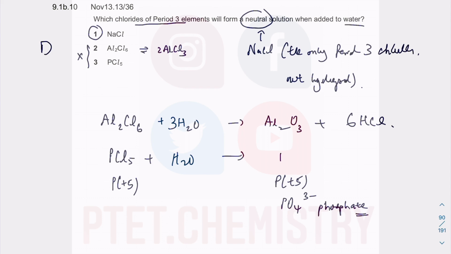So in combination with H+, your lowest common multiple between 1 and 3 is 3. So you need 3 of these to get up to plus 3, and you need 1 of these to go down to minus 3. So it's H3PO4. And of course, we also get HCl to balance the equation: 5 HCl because of 5 chlorine, and 4 oxygen, so 4 there. So there's 8 hydrogen, 3 plus 5 hydrogen is 8 hydrogen. Okay.